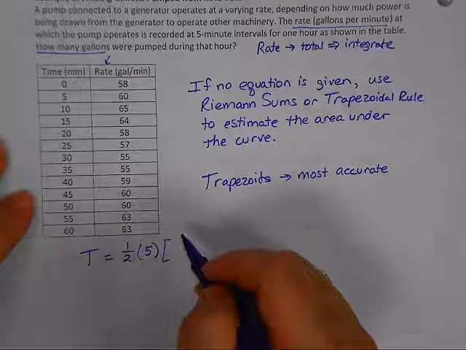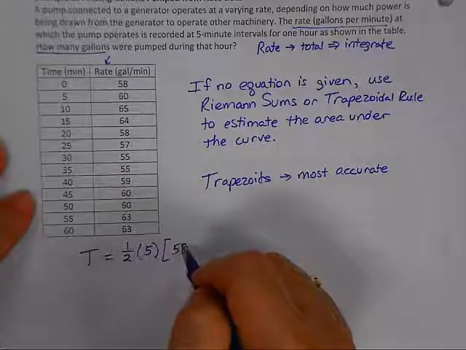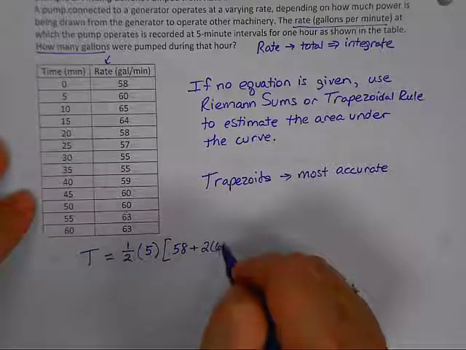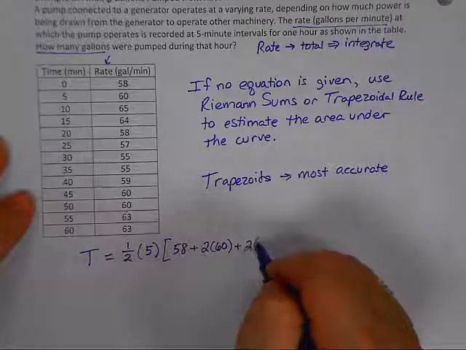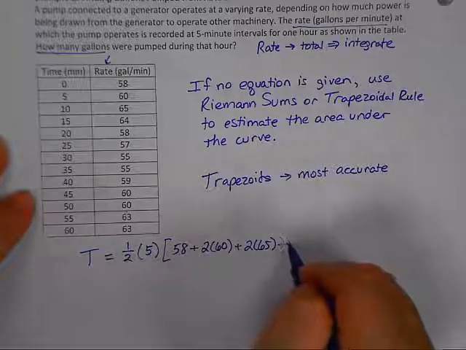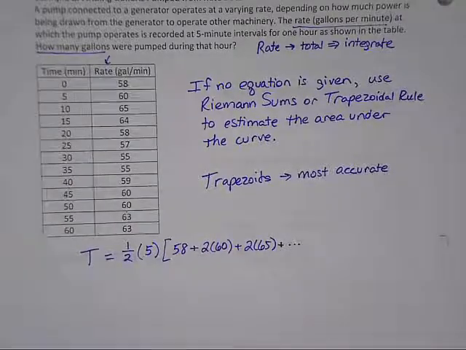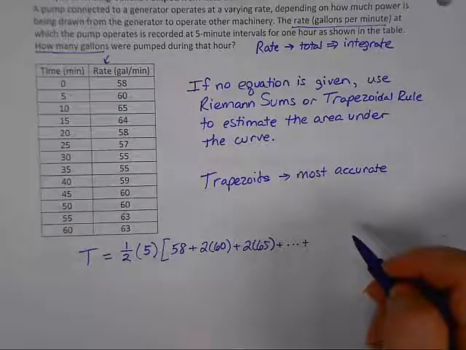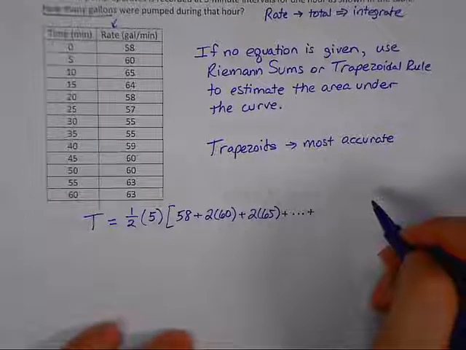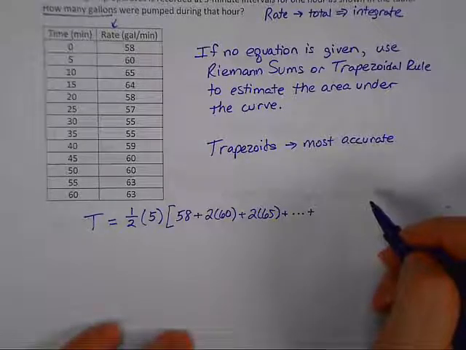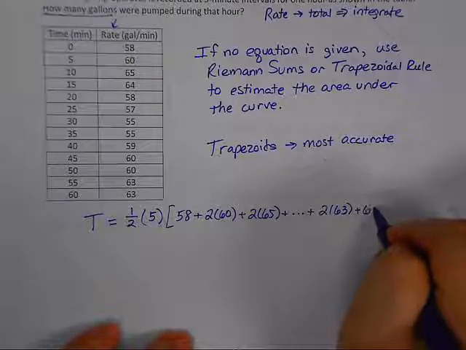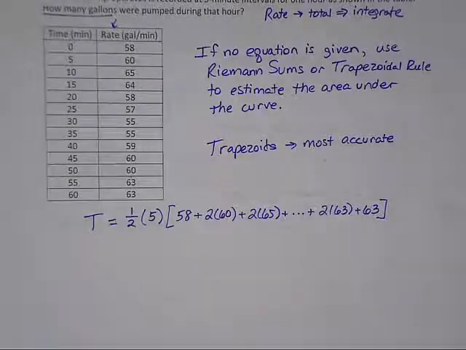So we start out by writing the first one, 58, and then 2 times the next one, 60, 2 times 65 plus... That's enough of those. Which one is the last one that I want to multiply by 2? 63. The first 63, and then add a 63 on the end and close it off.